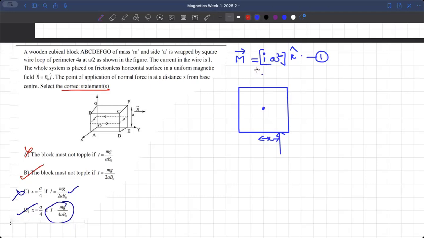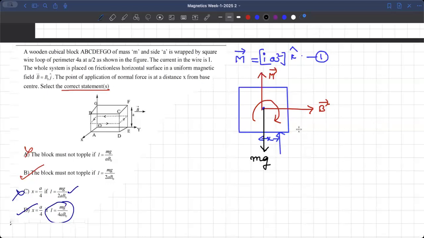And by the way, magnetic moment vector is like this, m bar, and b bar is in this direction. So due to m, the tendency of rotation is, in my point of view, clockwise. And one more important point is there is weight that acts, mg.